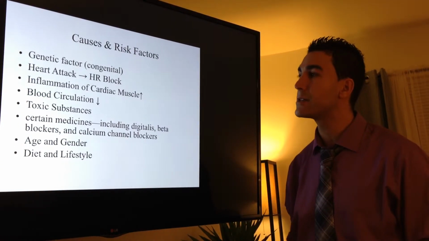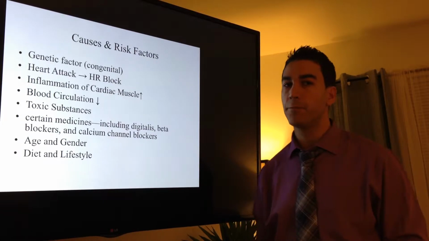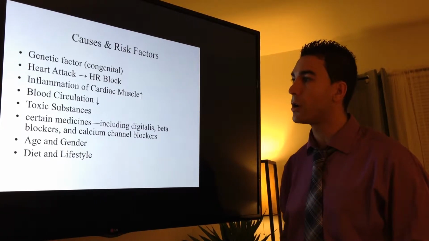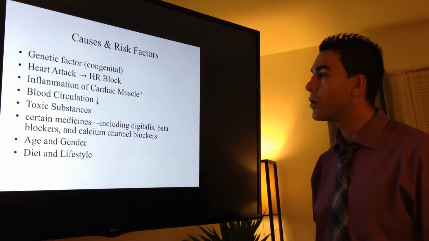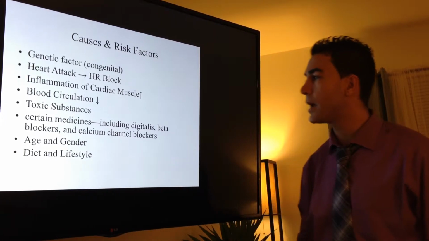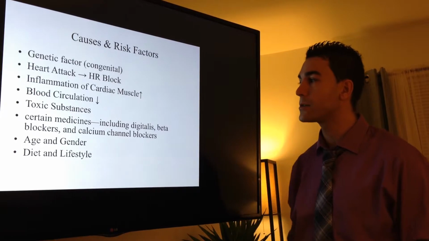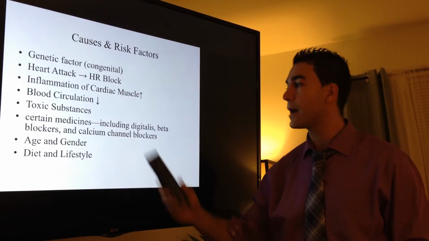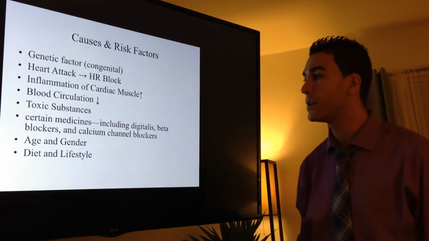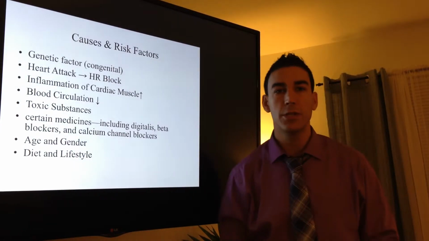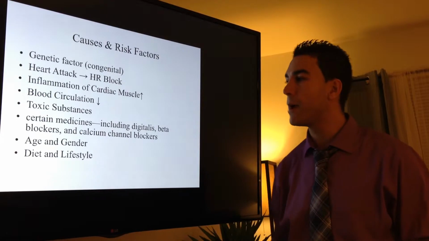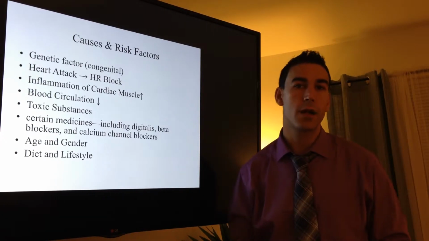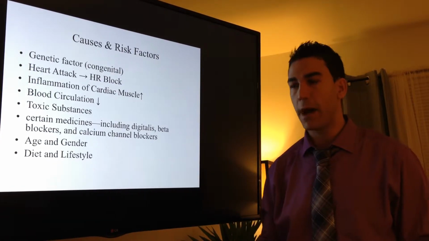Toxic substances cause the athlete's heart. You have certain medications that could cause that, include digitalis, beta blockers, and calcium channel blockers. Mostly calcium channel blocker is the cause of it. Obviously age, as you get older, gender between male and females, diet and lifestyle, of course, has a huge impact.